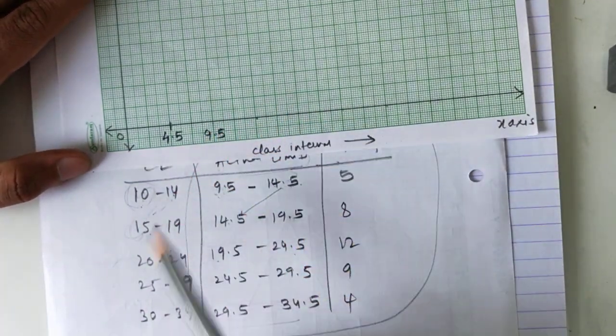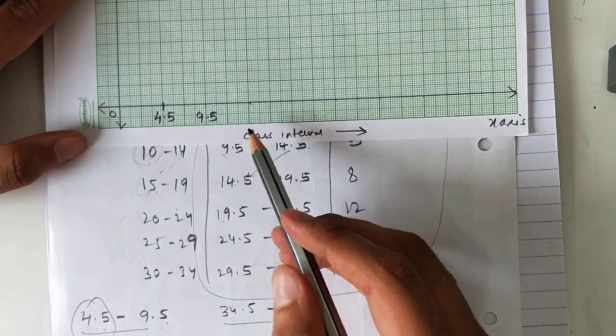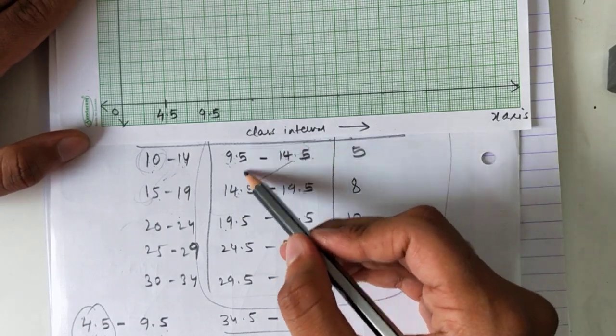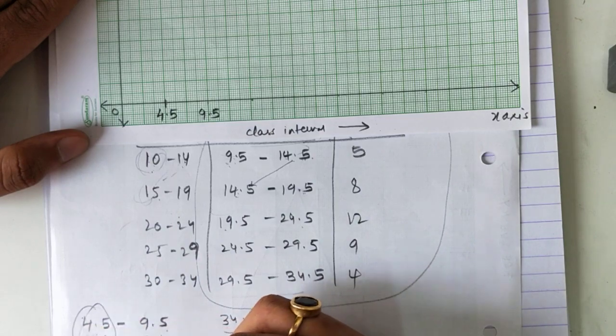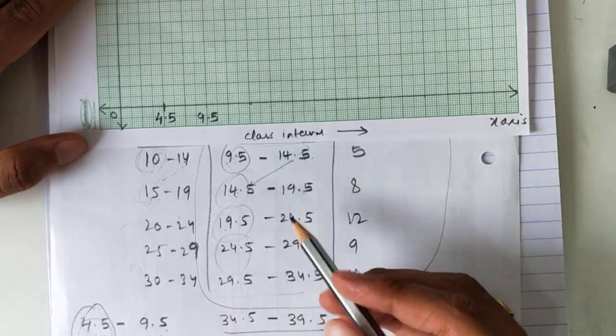See, mark only one value. See, 4.5 to 9.5, then next is 9.5 to 14.5, 14.5 to 19.5. So mark these values: 4.5, 9.5, 14.5, 19.5.